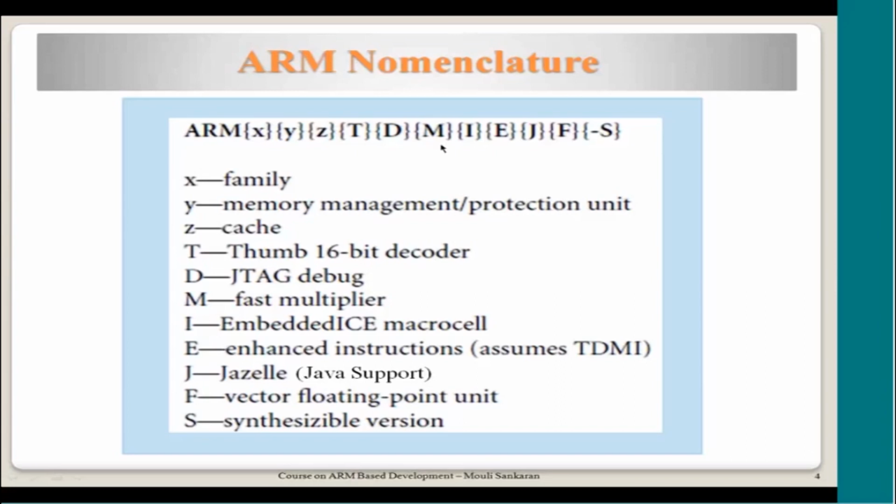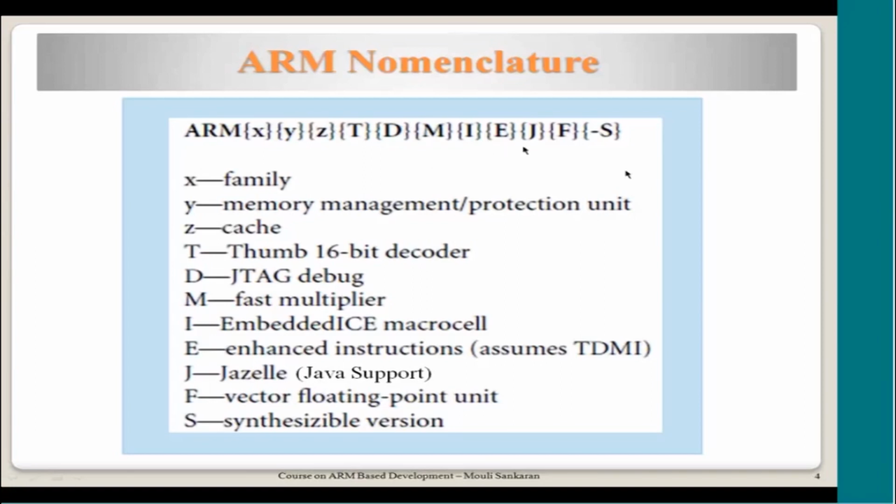M means it has got a fast multiplier unit, and I means that it has got an in-circuit emulator macrocell, so that you will be able to perform breakpoints and stop the code in between the execution of instructions and look at the contents of the registers. So for doing all this, a processor needs to support the online debugging facility. So these are the different modules which are available in the ARM7 TDMI, which we are looking into.